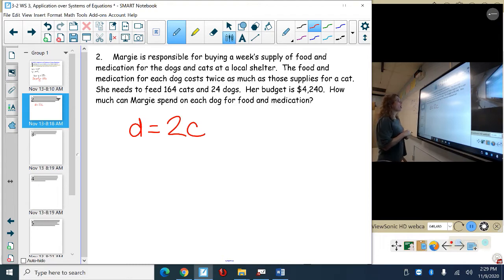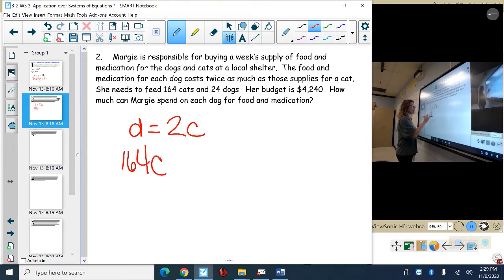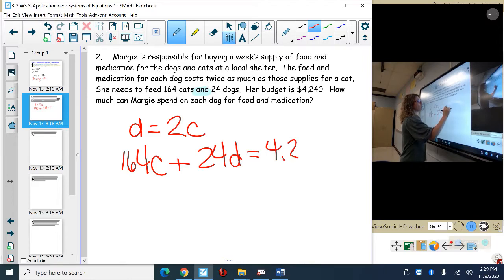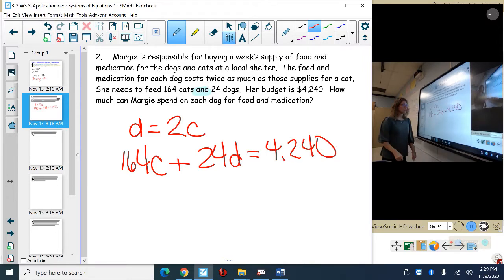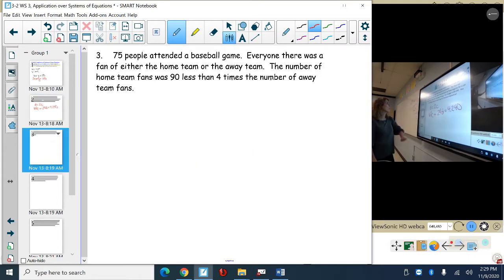She needs to feed 164 cats, so that makes sense, 164 cats, and means plus 24 dogs, and her budget is $4,240. So 164 cats plus 24 dogs has to equal my total amount that I'm spending of $4,240, and I know that every dog is equal to 2 cats. Okay, so that's the second equation.